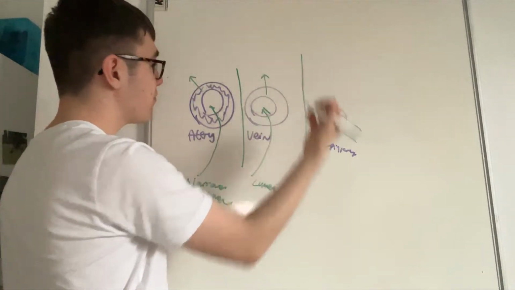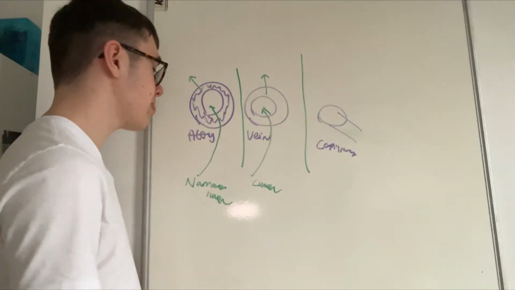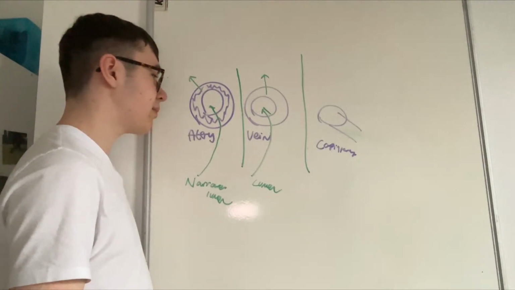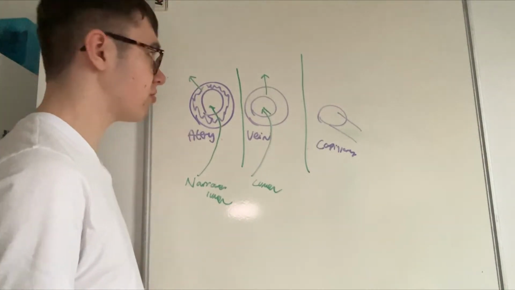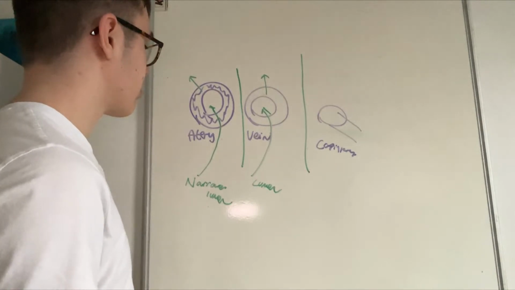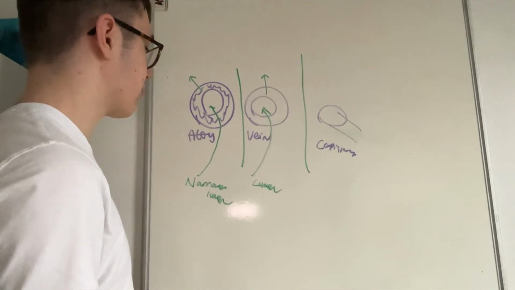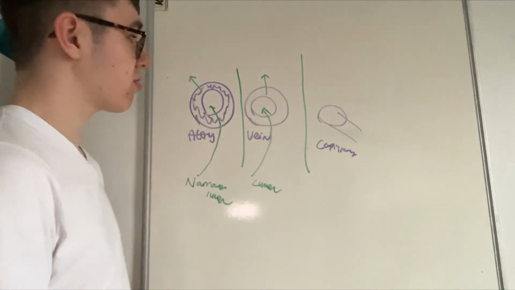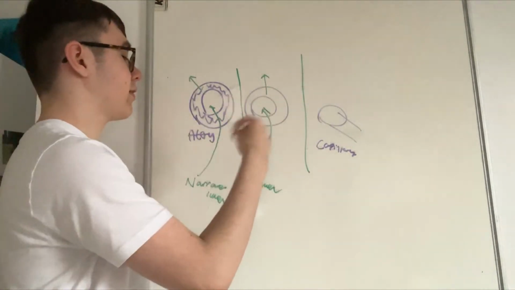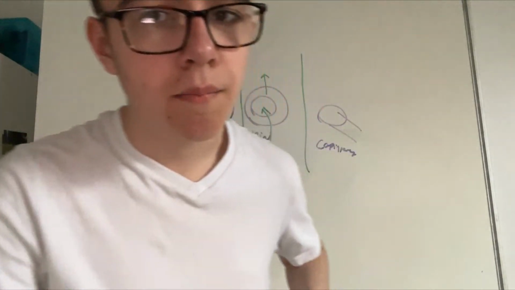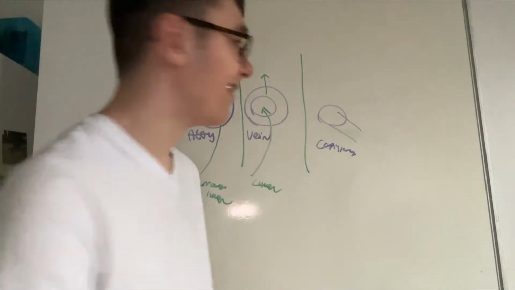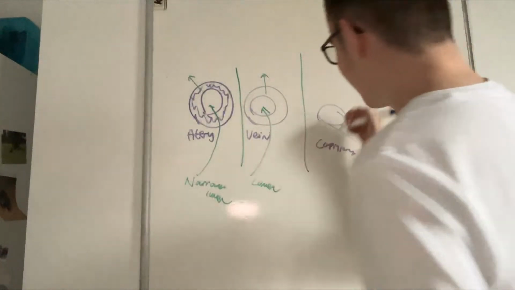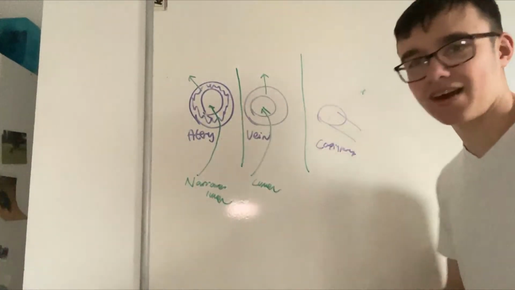Veins have valves to prevent backflow. And that's basically it, right? That's literally every difference. I guess you could also refer to the fact that arteries go out of the heart, veins go in. But if you didn't know that, you could say that, but I don't think you get any marks.